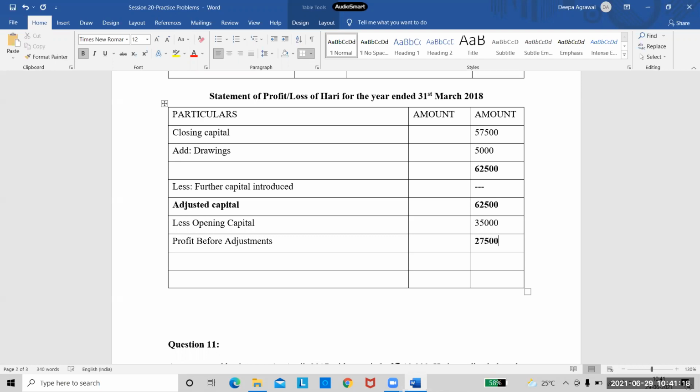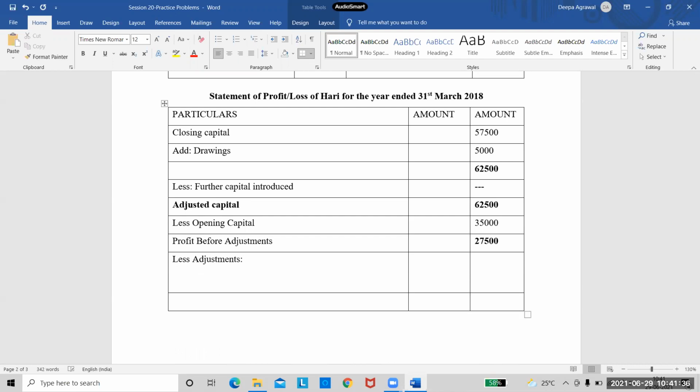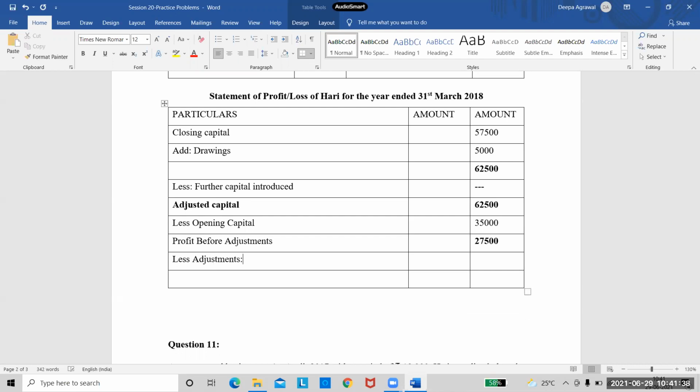Yes, 27,500. Now there are two adjustments given in the problem. One is depreciation, one is reserve. Both of them are losses, so both will reduce our profit. So both the adjustments we need to deduct. Less adjustments, I'll put the heading and take it to the inner columns.